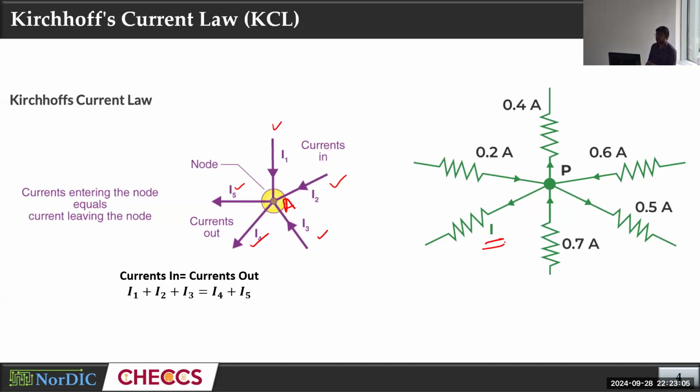So can you try to do that? Here you have to use the formula: the sum of all the currents entering will be equal to the sum of all the currents leaving. From that equation you will be able to find out the value of I here.